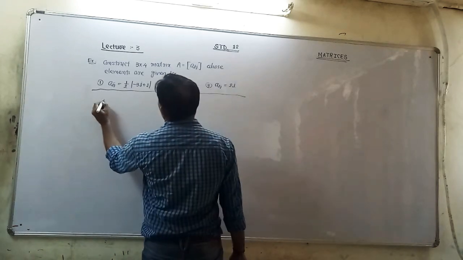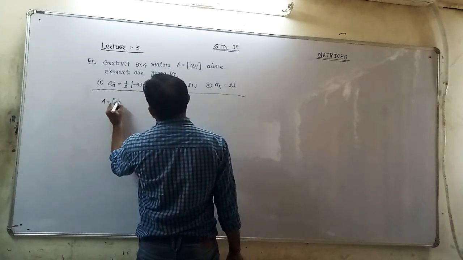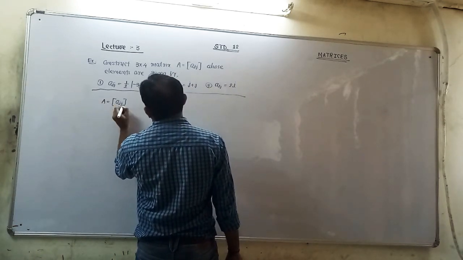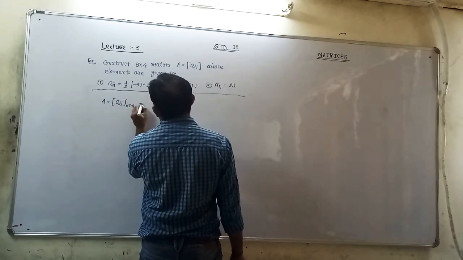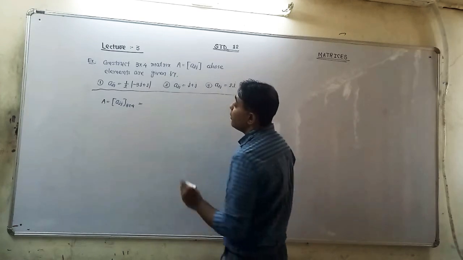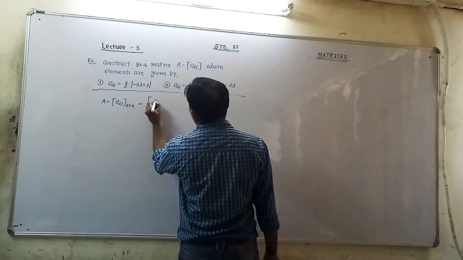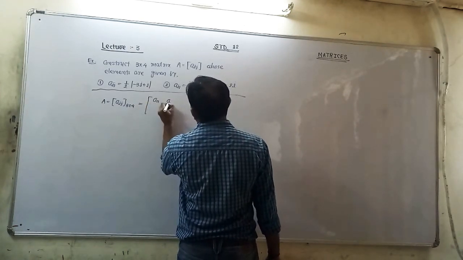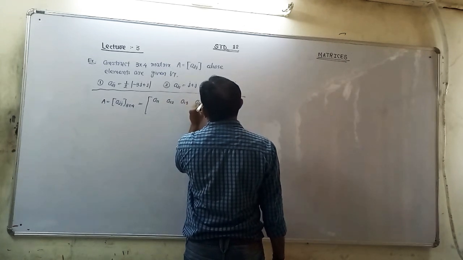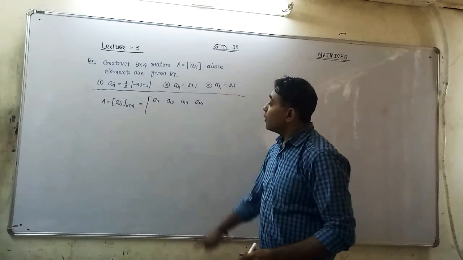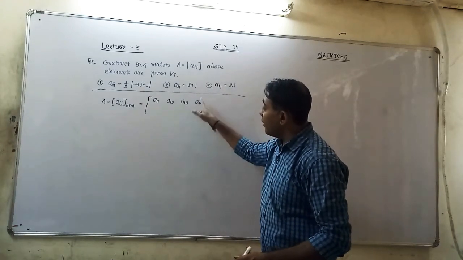What about this? A equals to Aij, 3 cross 4. That means there are 3 rows and 4 columns, right? So let's start with the first row. A11, A12, A13 and A14. First, second, third and fourth.